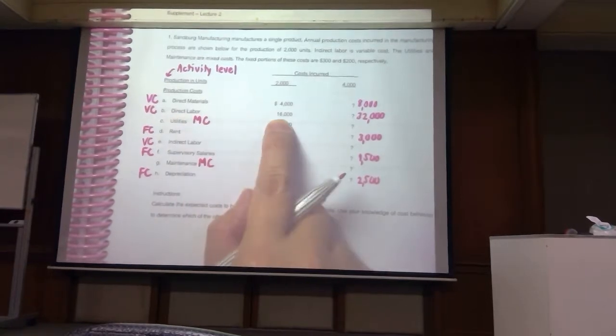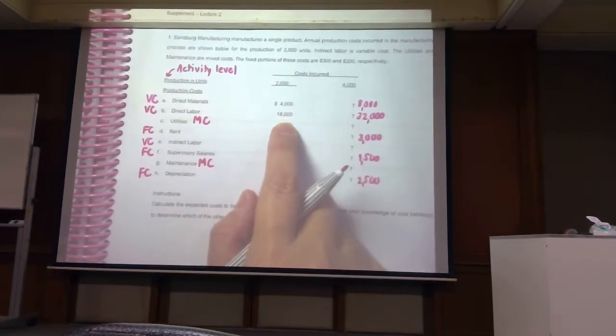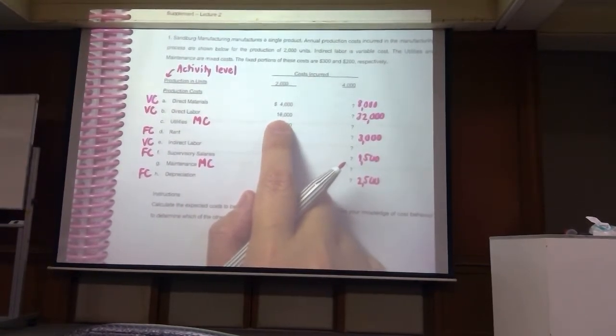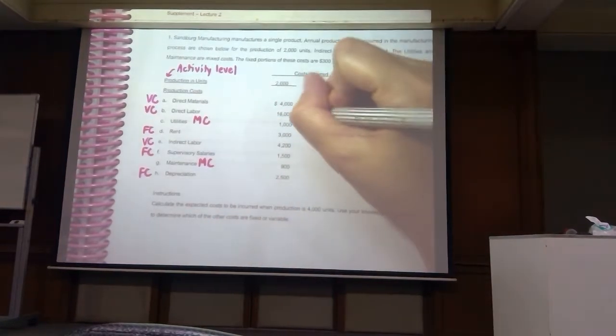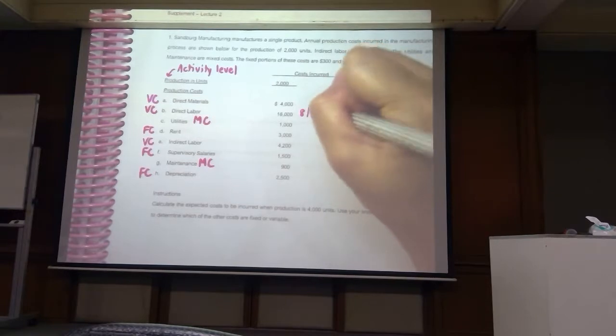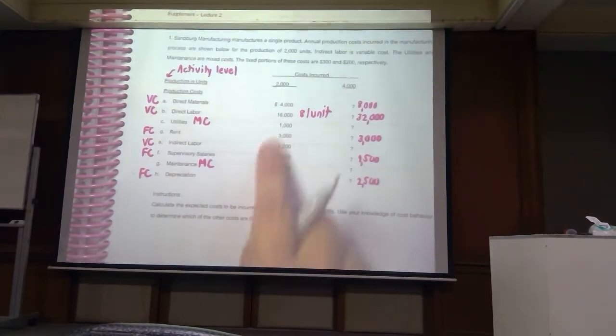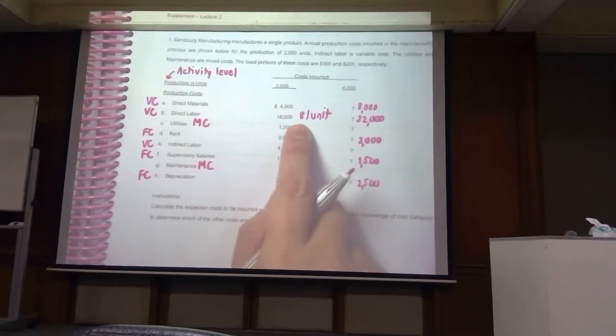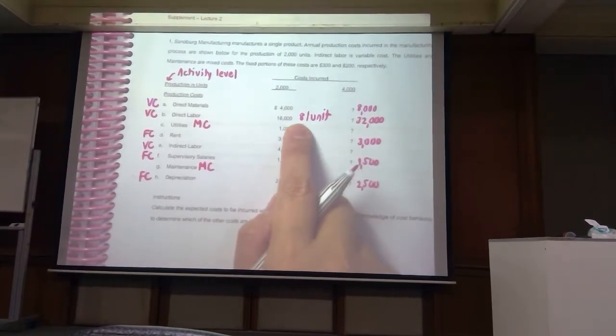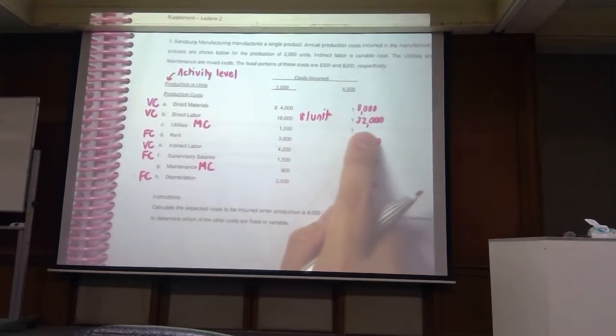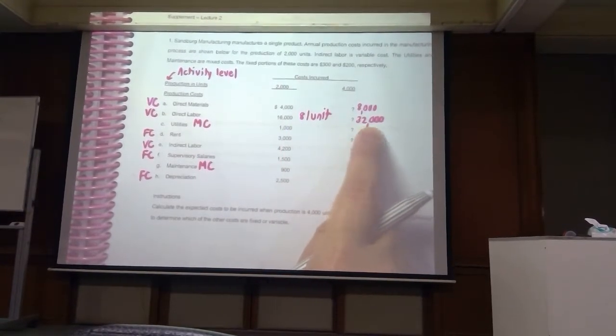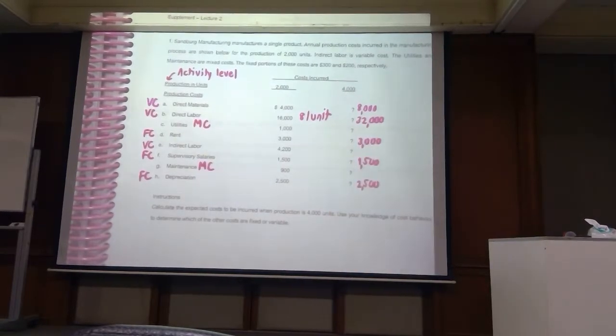As you can see, for the direct labor, if you produce 2,000 units, the total direct labor cost equals 16,000. So the variable cost per unit equals 8, right? So you better do it this way, okay? 8 and then multiply by 4,000. You will get 32,000 as your answer as well, okay?